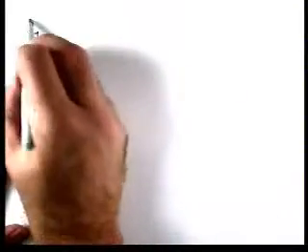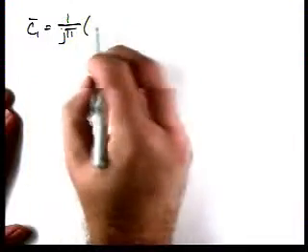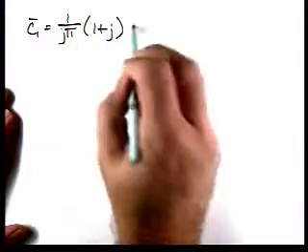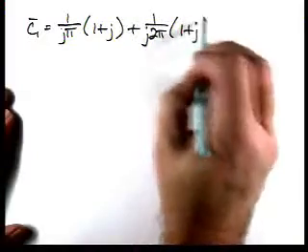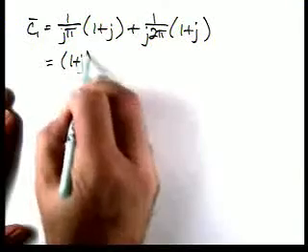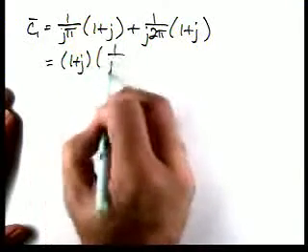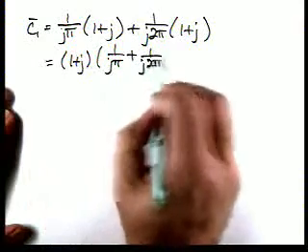So C1 is 1 over j pi times 1 plus j plus 1 over j 2 pi times 1 plus j. So we have 1 plus j times 1 over j pi plus 1 over j 2 pi.